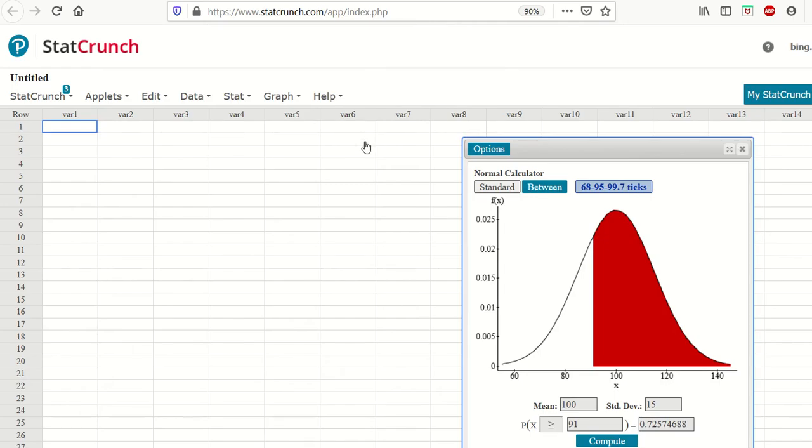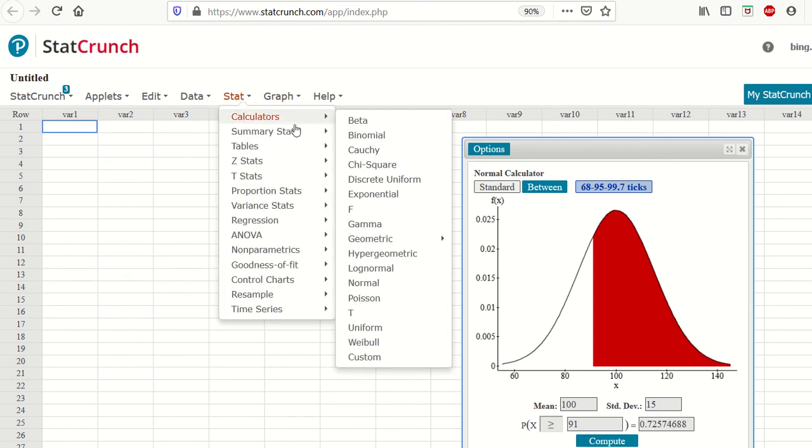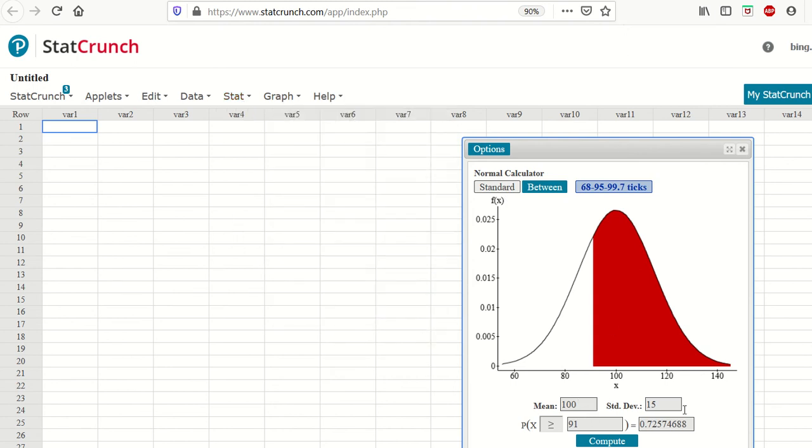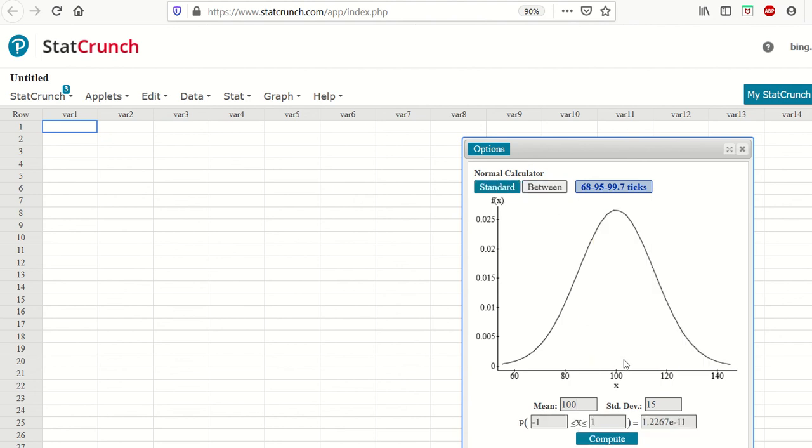Of course, you can use StatCrunch to find this value. So go through the same process. Go to Stat, Calculators, Normal, and then you will find this normal calculator. Put your mean 100 and standard deviation 15, and instead of standard, go to between, because you want to find the area between two values.